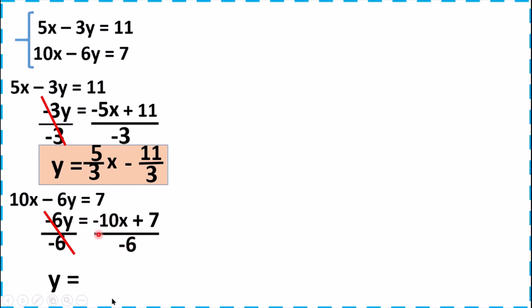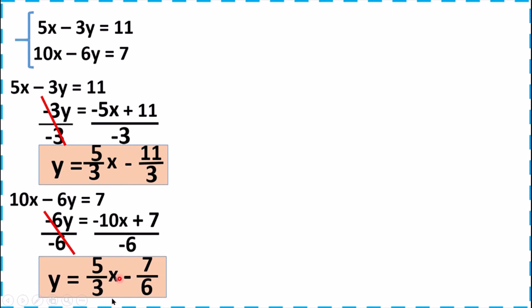Divide lang natin sila sa kanilang GCF na 2. So, yung positive 10 divided by 2, 5. Then, positive 6 divided by 2, we have positive 3. So, we have 5 over 3x. So, positive 5 over 3x. Then, positive 7 divided by negative 6, we have minus 7 over 6.